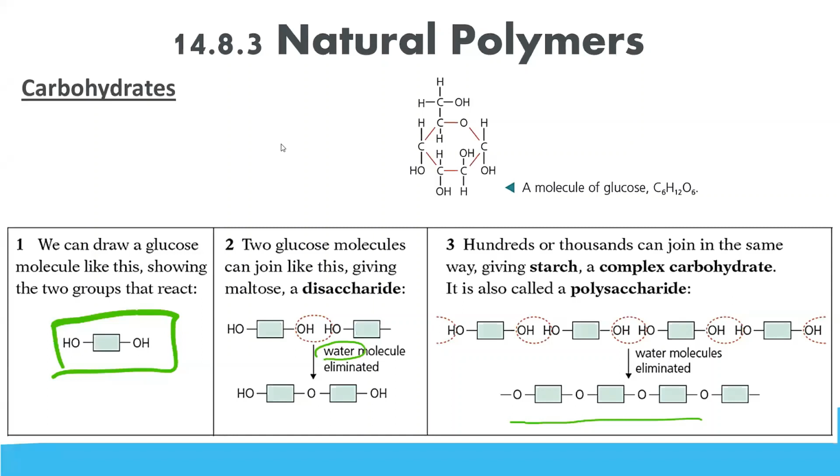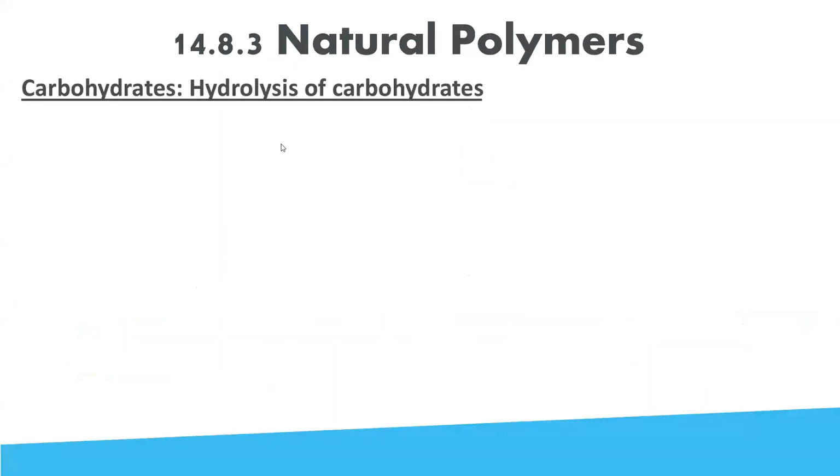Usually the questions will be asked in terms of repeating units. That is what most of the questions I have come across ask for. So what we first do is we take glucose molecules in this manner.